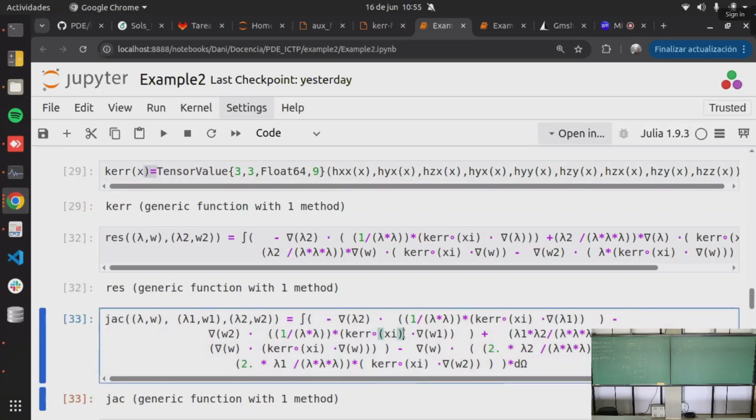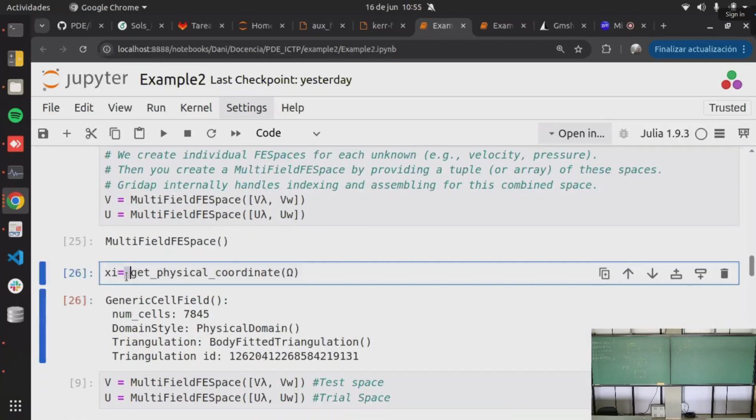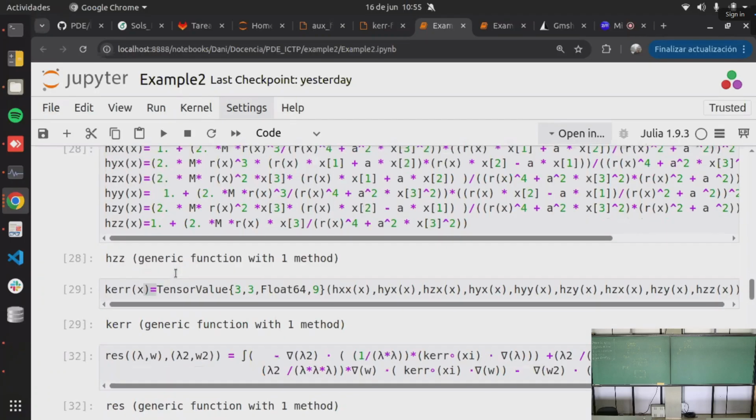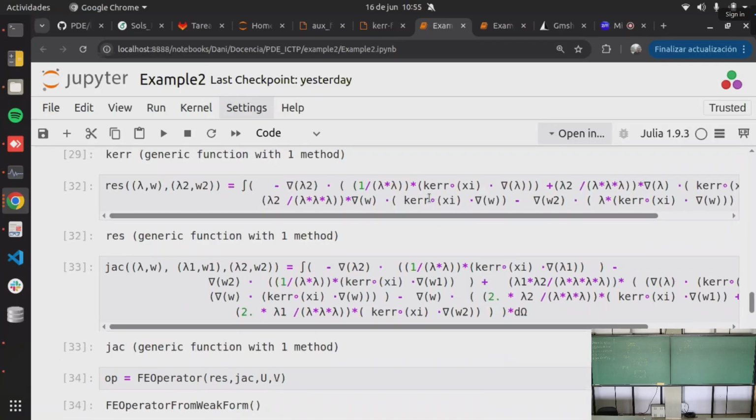So here I perform the evaluation of the tensor field in all the points of the mesh. Remember that x are the physical coordinates. So now I have the metric evaluated in all the points of the mesh.